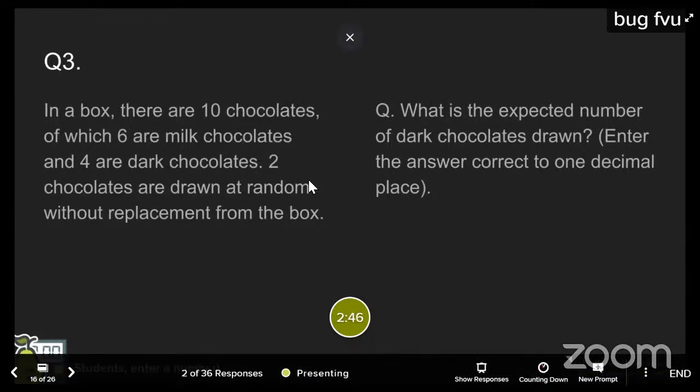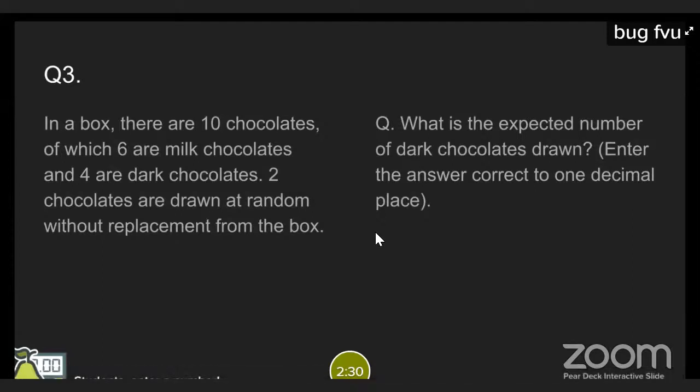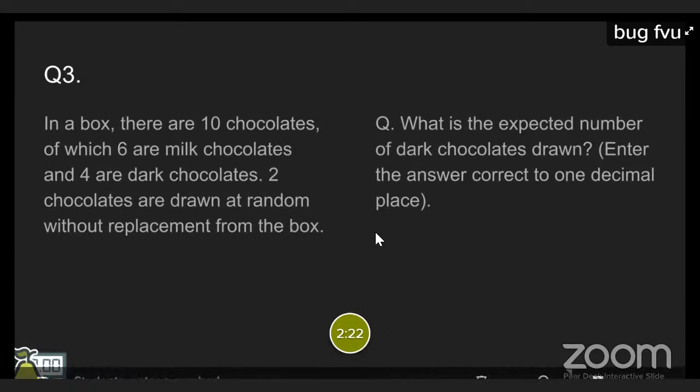Sir, how do we solve with this hypergeometric random variable approach? For this, small n becomes 2. And what is small n? Small n is how many chocolates we are choosing. Let me clarify some terms.